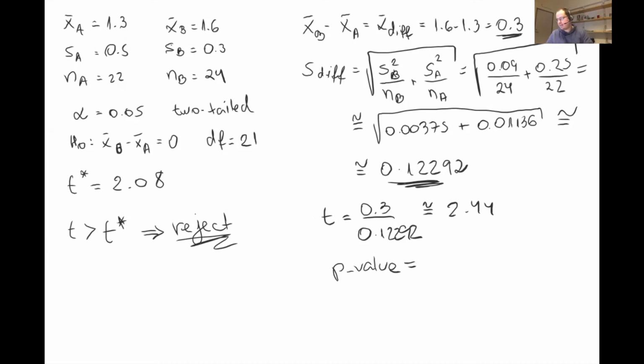For that, I'm going to use the same calculator I showed you during the example, a p-value calculator for t distributions. I put in the t-score, 2.44, which I computed there. The degrees of freedom are again 21. The significance level is 5, and I can explicitly tell the calculator to do a two-tailed test.